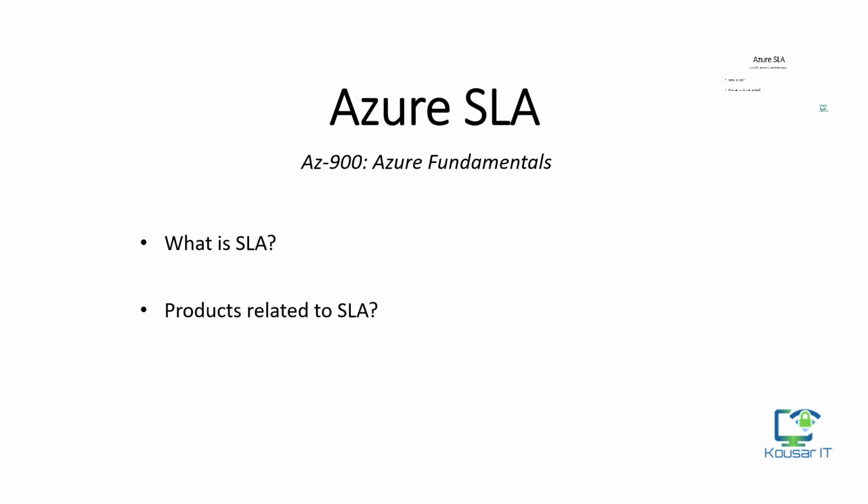So basically SLA is called service level agreement. It's an agreement between a company and its customer. All the details related to products are under some kind of service level agreement.